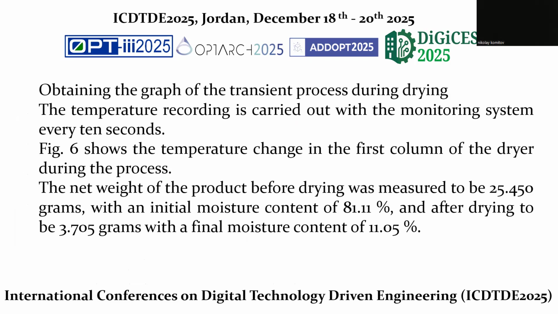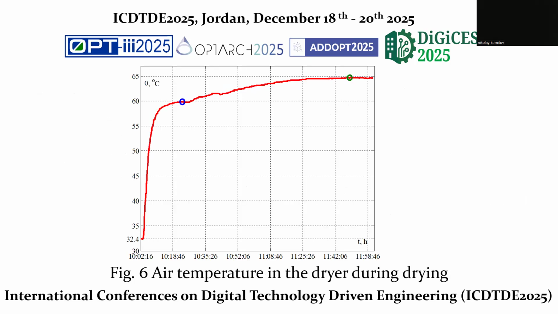The net weight of the product before drying was measured to be 45 grams with an initial measured moisture content of 81.11% and after drying to be 3.705 grams with a final measured moisture content of 11.05%. Figure 6 shows air temperature of the dryer during drying.